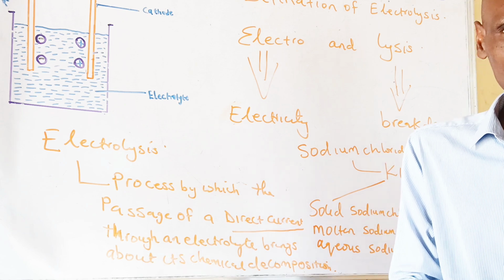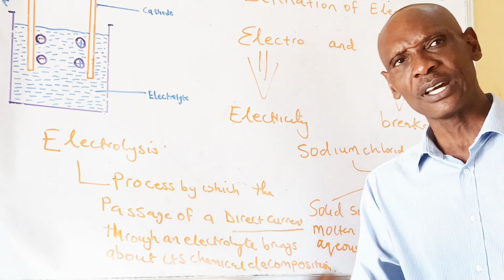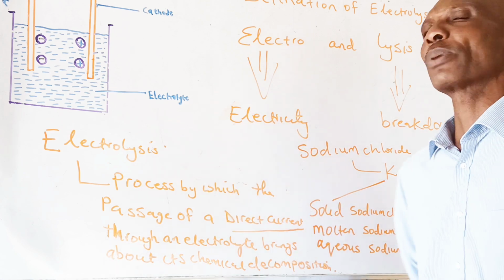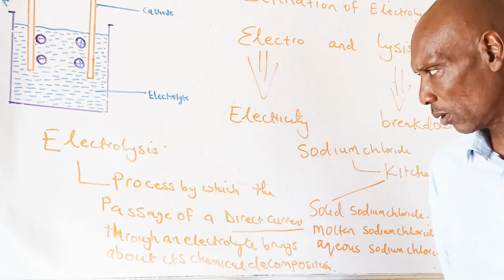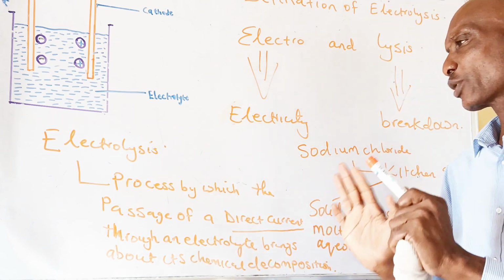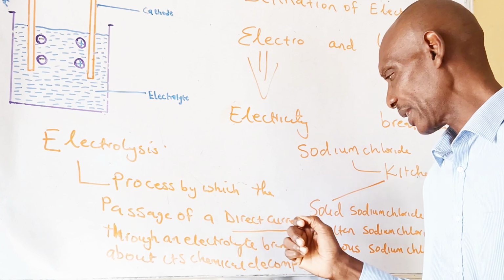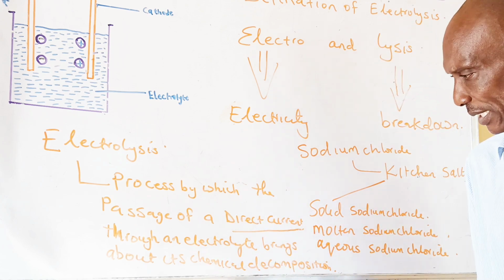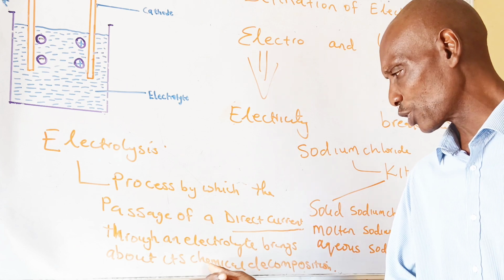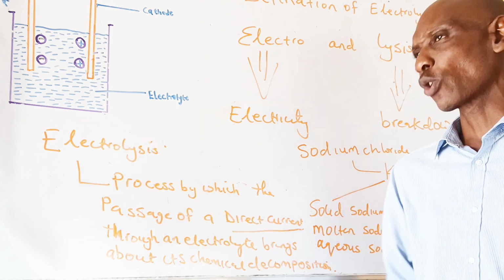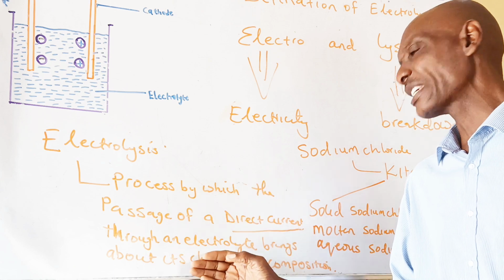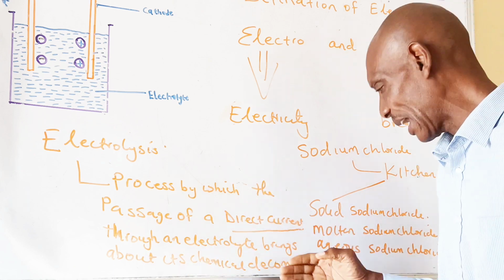That is, the positive will change to be negative, the negative will change to be positive, and that will mess up the process. So therefore, in order to avoid that, electrolysis is usually done by the use of a direct current. Then it is important to note that when electrolysis occurs, the electrolyte is chemically broken down.